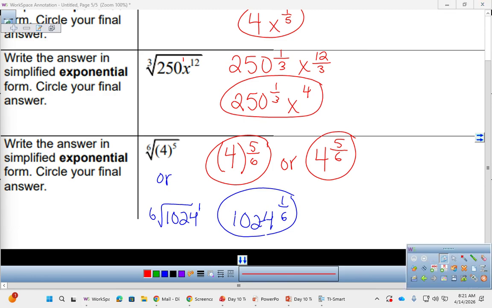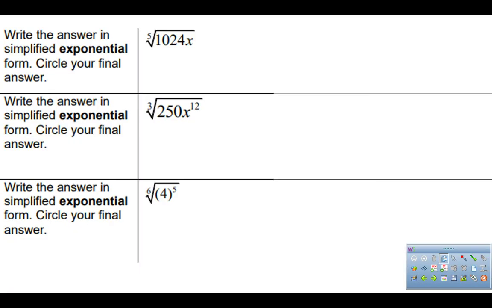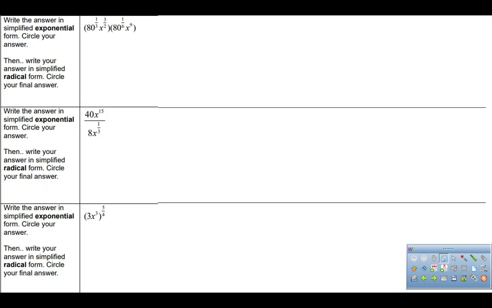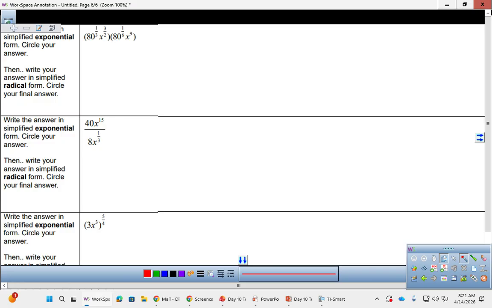All right, now the last part. This is what we did on Thursday and Friday of last week. We take exponent properties, we simplify the exponent property, then we write as a radical. This first one is a multiplication problem because we've got two sets of parentheses. Normally the 80 would be called a coefficient, but because the 80 has an exponent, it's actually called a base.